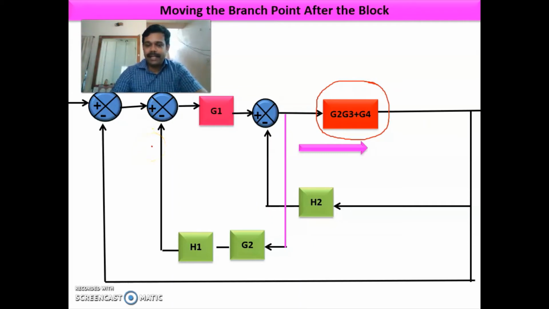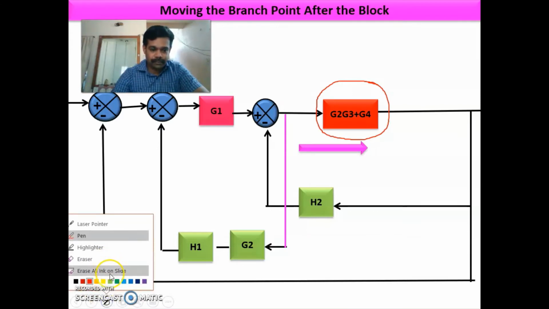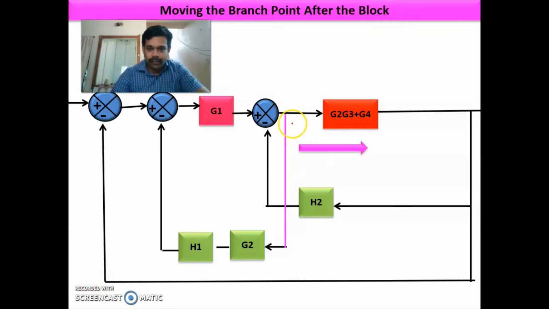While analyzing, it is clear that we are unable to apply any rule here without modification. So we want to move this branch point after this block.